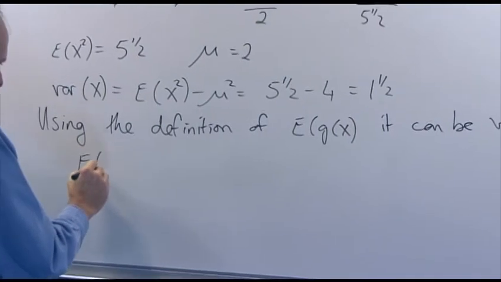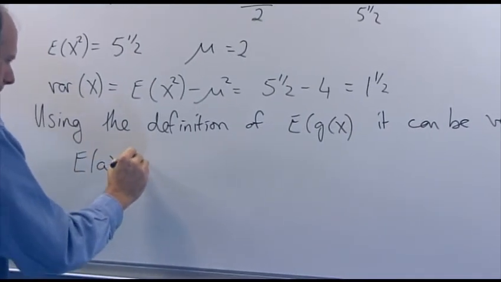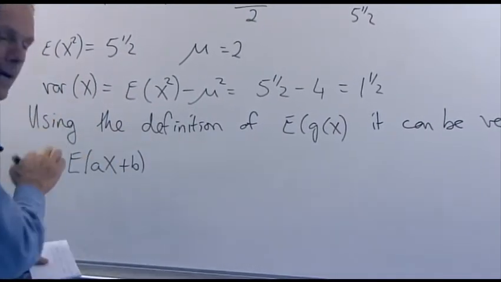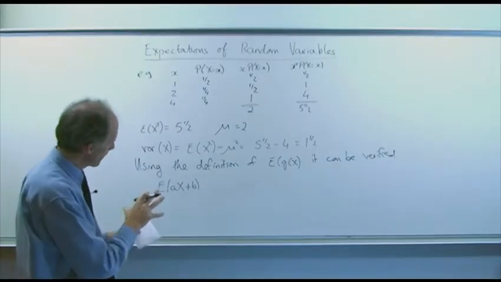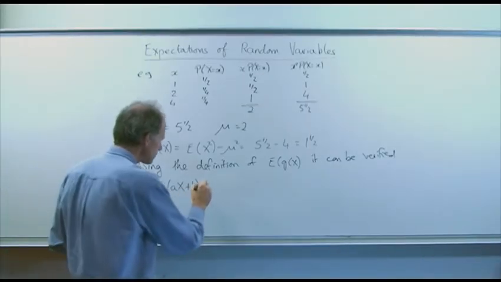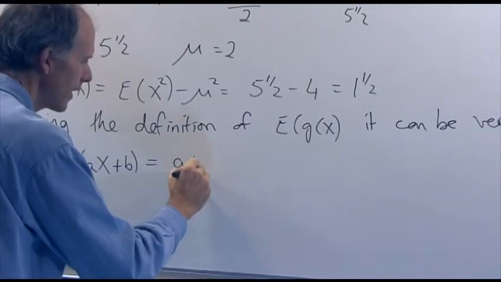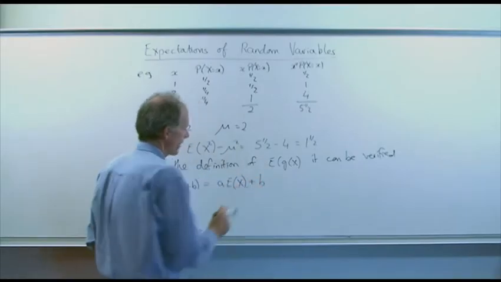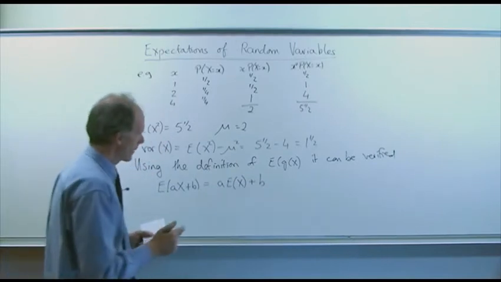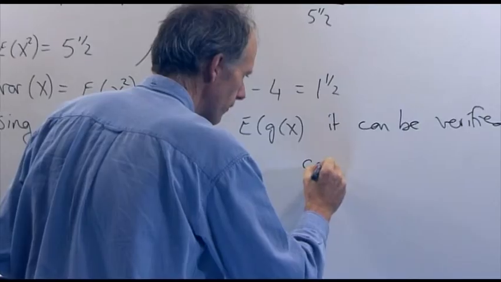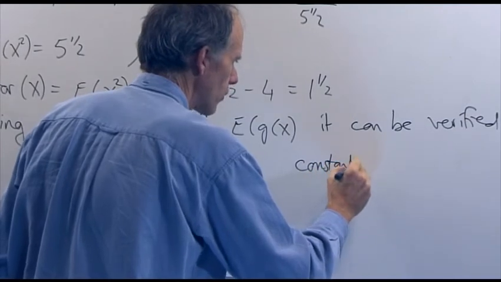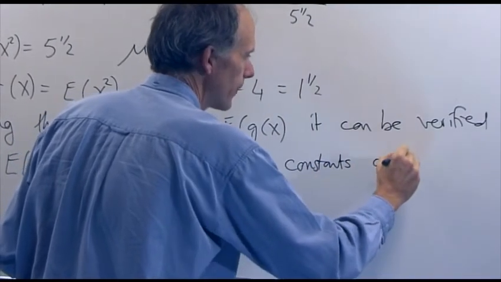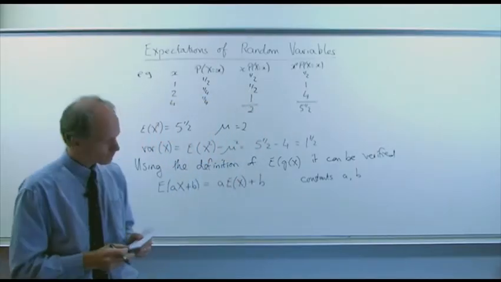The expected value of a linear function of the random variable, and you can see this just by plugging it all in and simplifying, is the same linear combination of the expectation. And this would hold for constants, not random variables, but constants, numbers a and b.